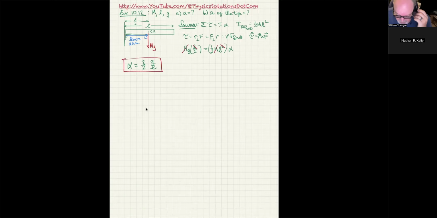That's the answer. Now, we're also going to make use of the fact that a is equal to R times alpha.